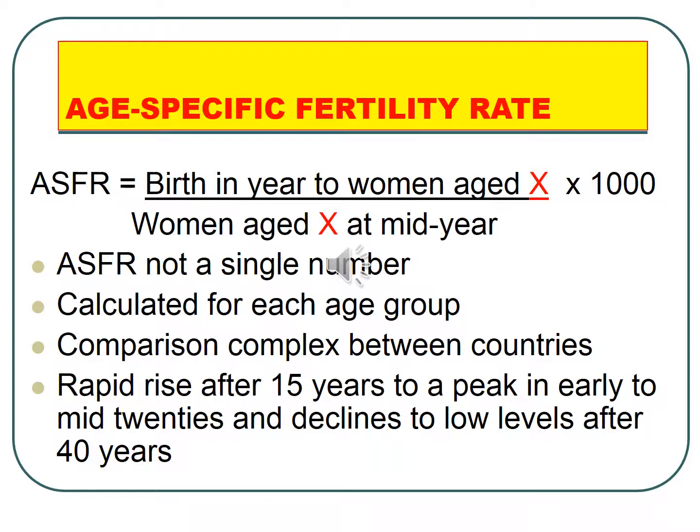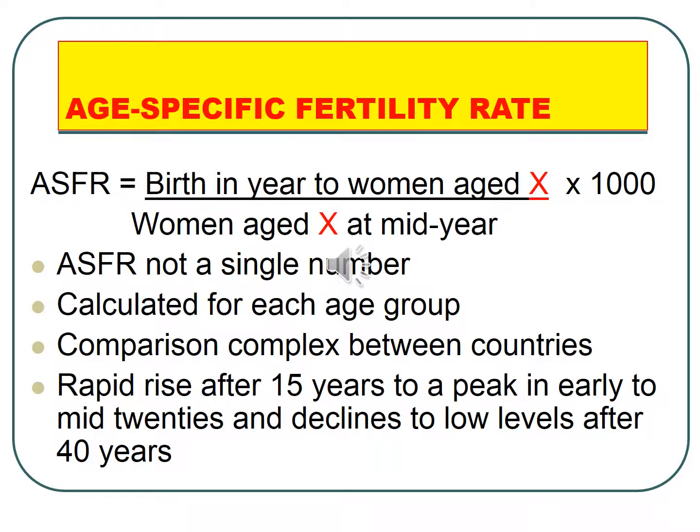To address the issue related to general fertility rate, we could calculate age-specific fertility rate. The formula is the number of births in a given year to women in a particular age group divided by the total number of women in the same age group at mid-year, multiplied by 1000.